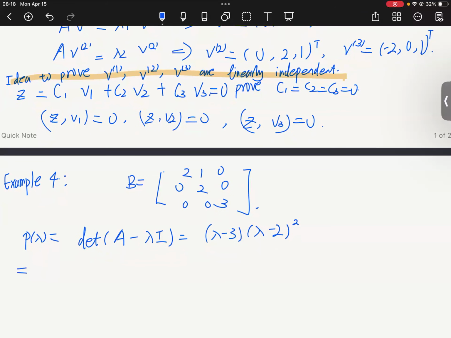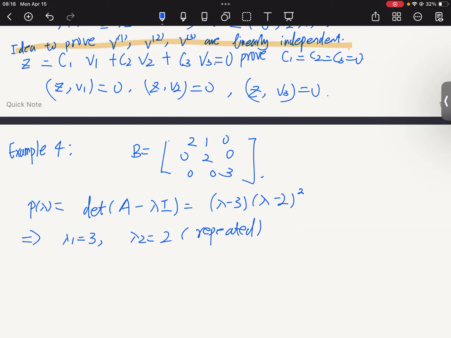And if we go to solve for the zeros of the characteristic polynomial there, we get lambda 1 equals 3 and lambda 2 equals 2, and these eigenvalues are repeated.